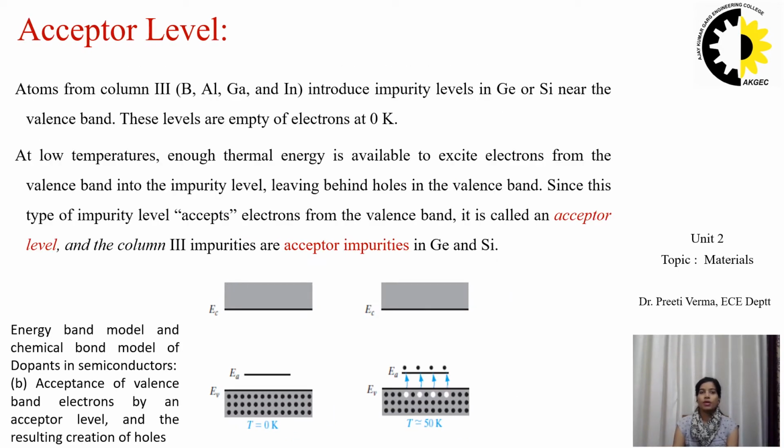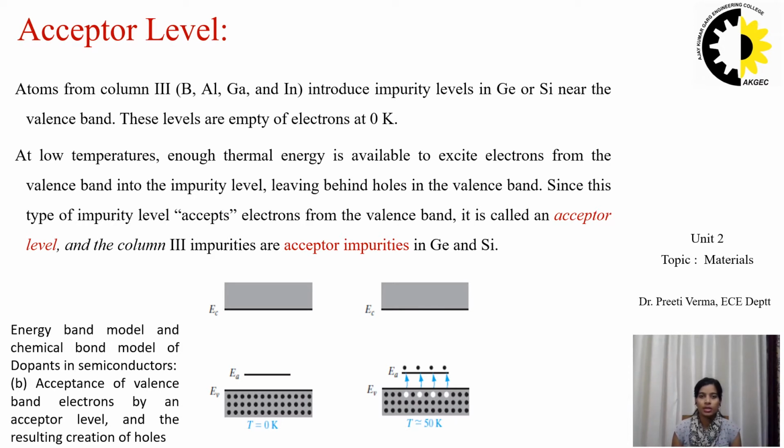The same kind of phenomenon happens when we add an acceptor impurity, that is a group 3 impurity, with the difference that it is a group 3 element, so it has a valency of only 3. So when we add it to the silicon semiconductor, one electron of the silicon is left out and it does not get any electron from this group 3 element because its valency is only 3.